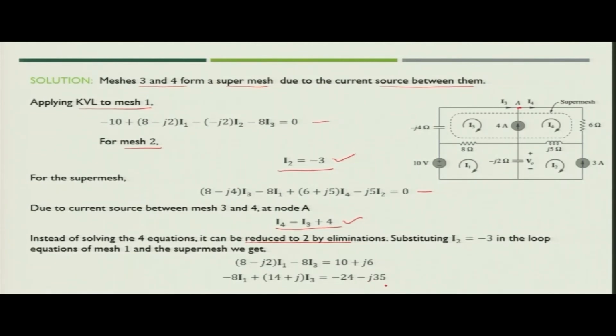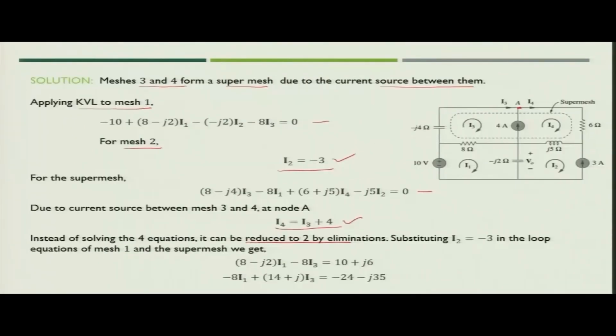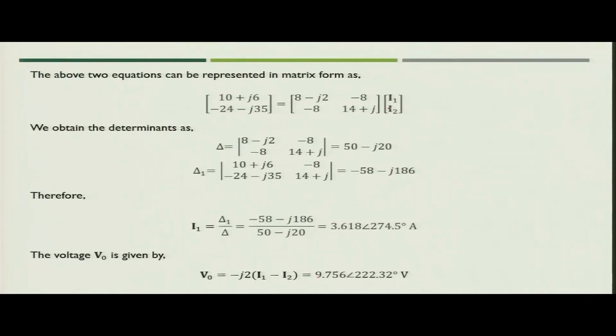So, we have now these two equations which we can compile in the form of a matrix. On the left side, we will have a vector containing elements 10 plus J6 and minus 24 minus J35. Then the matrix having elements 8 minus J2 and minus 8 and 14 plus J, and then the currents, that is I1 and I3.